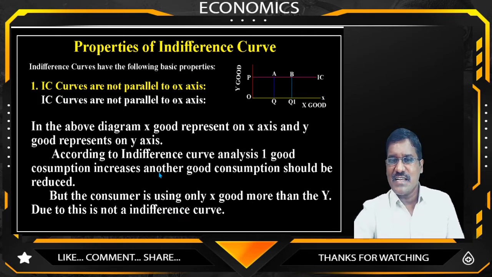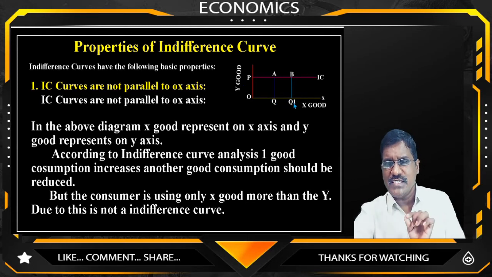Yes, exactly. So here what should happen is, one good increases and another good should be reduced. But only the X good increases, with no change in the Y good. Listen carefully. X good changes but there is no change in the Y good.